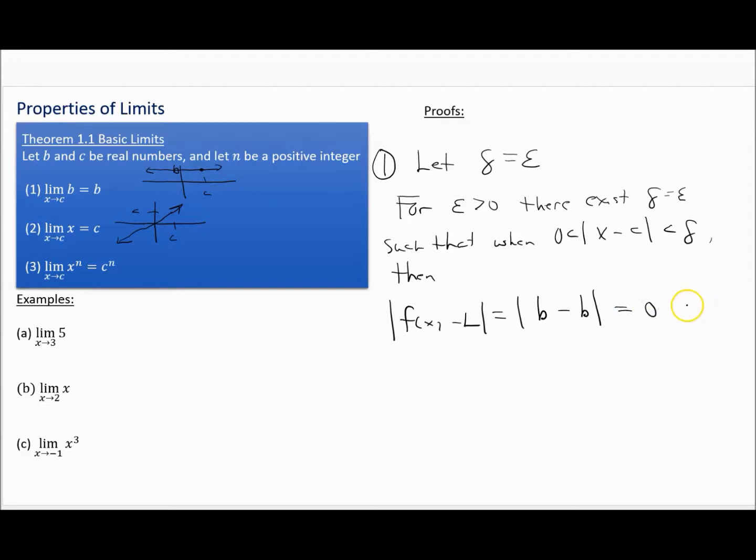And that's definitely less than delta, which is equal to epsilon.